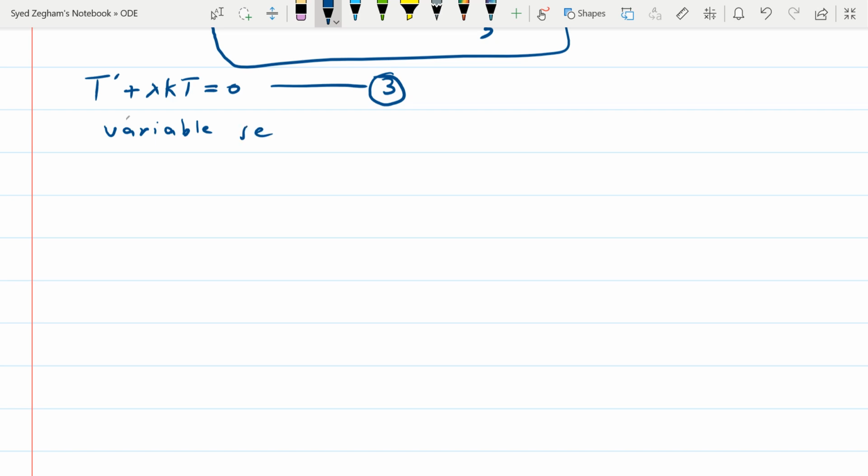You have to separate capital T with small t, and after separating, you will integrate both sides, and you know how to integrate that.